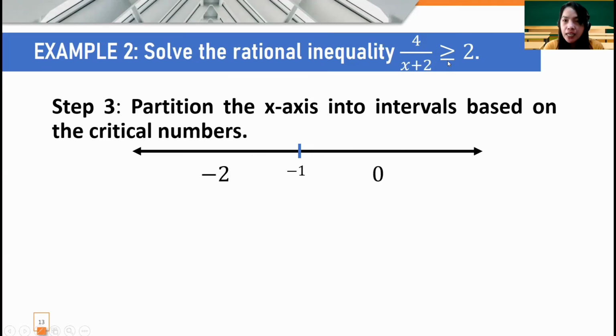Sinabi natin kanina na kapag ito yung symbol, ang gagamitin natin ay shaded circle. So, sa tapat ng negative 2 and 0, we can have here shaded circle. Pag sinabing shaded circle sa tapat ng dalawang number na to, ibig sabihin, etong dalawang number na to ay magiging kasali na or posibleng maging kasali sa solution set.